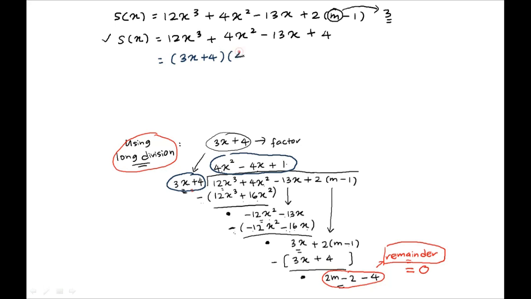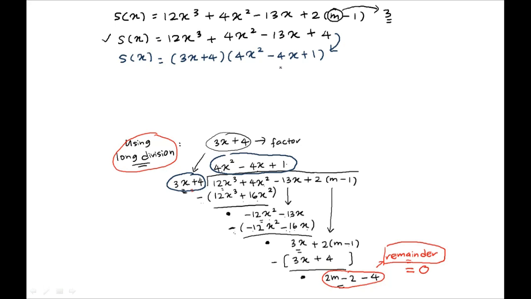Write it here, 4x squared minus 4x plus 1. So, this blue one, we already factorize our Sx in factor form. Walaupun kita dah factorize yang biru ni, tapi sebenarnya soalan dia nak factorize completely. So, yang biru ni, walaupun kita dah factorize, tapi belum complete lagi.